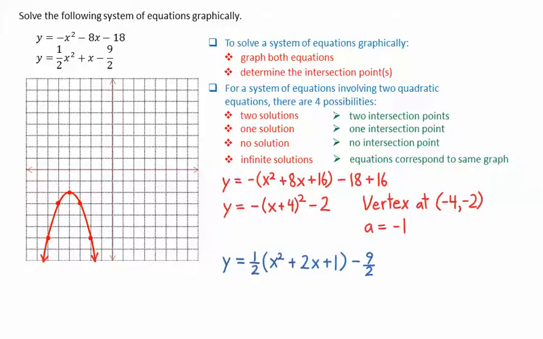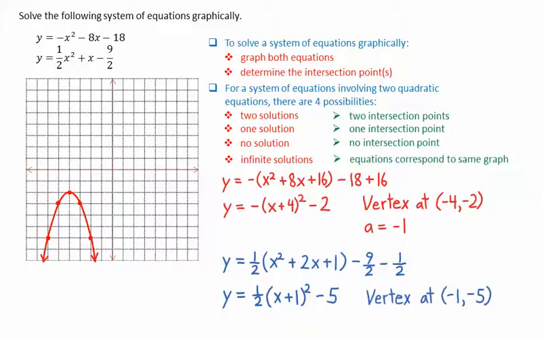Now that 1 multiplied by the 1/2 outside the brackets means that we're adding 1/2. So outside the brackets, we subtract 1/2. We then get the equation in vertex form, y equals 1/2 times x plus 1 all squared minus 5.